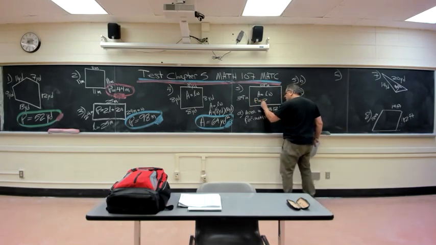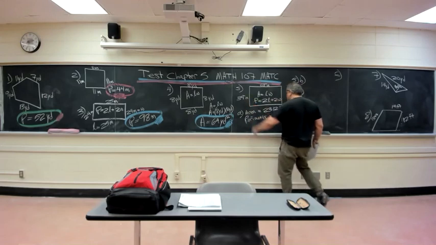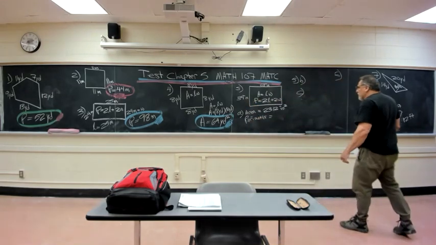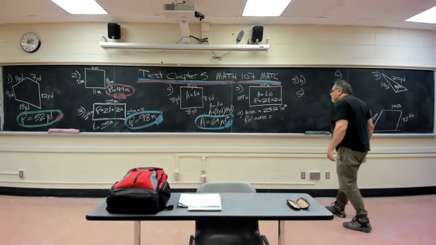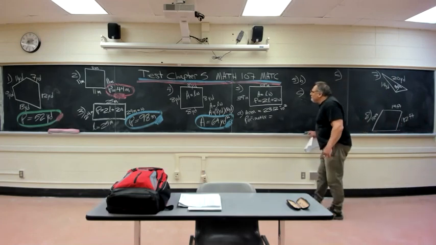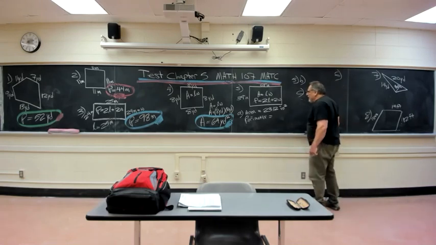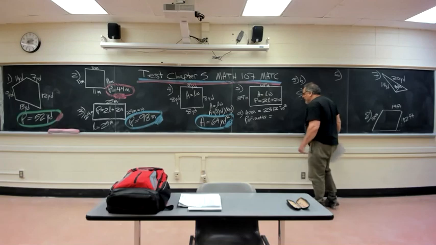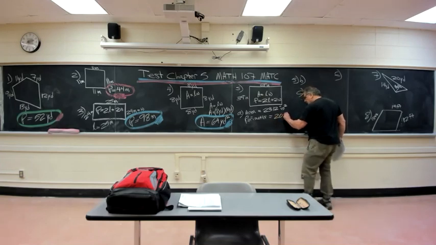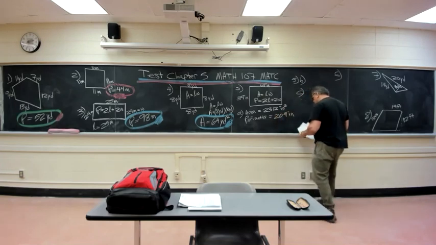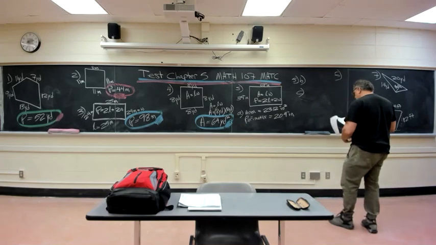The perimeter is 2 times 68 plus 2 times 34, so that's 136 plus 68, which should be 204, and that's inches.